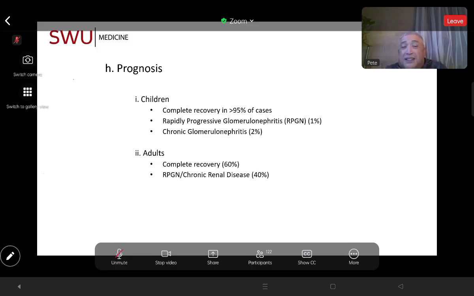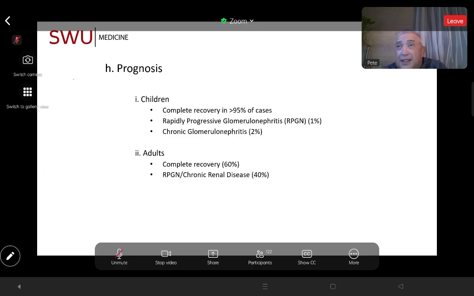So what's the highlight for this condition? Number one is history. You can extract the history of a two-week infection and then hematuria. Number two is laboratory tests.